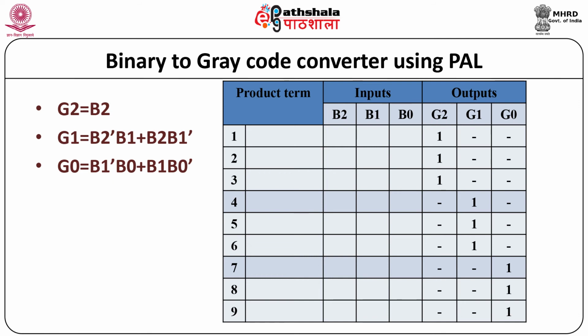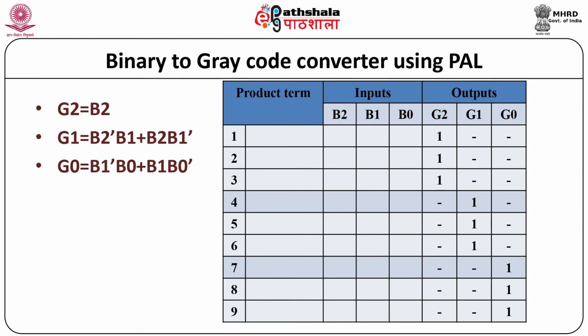The PAL program table contains product terms, inputs B2, B1 and B0, along with outputs G2, G1 and G0. The Boolean expression of G2 indicates only one variable term. For G1 there are 2 product terms and for G0 there are 2 product terms.